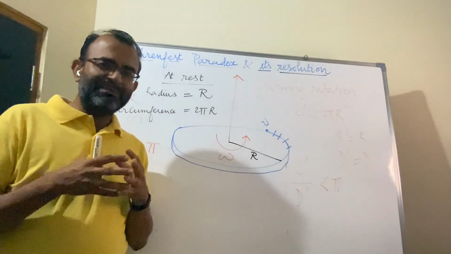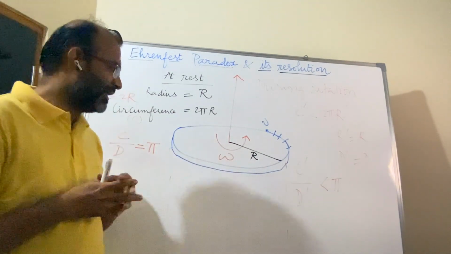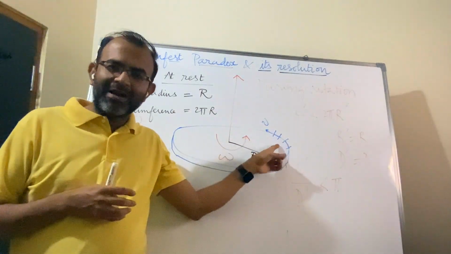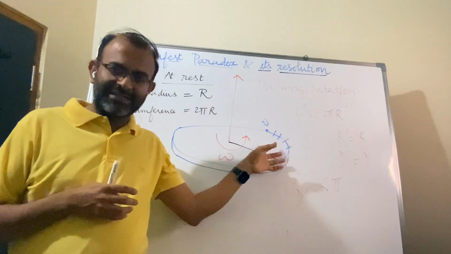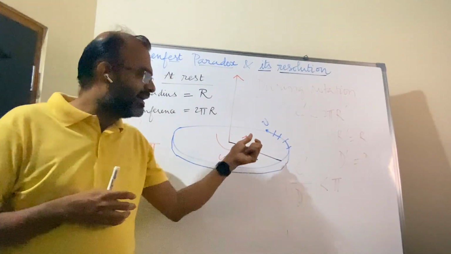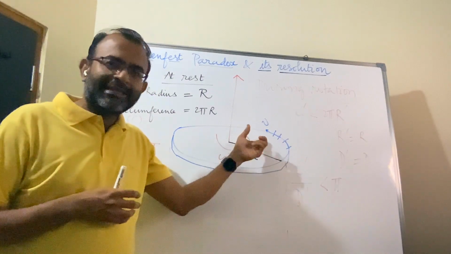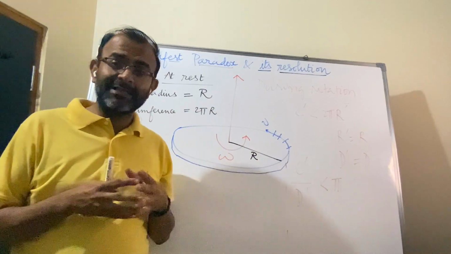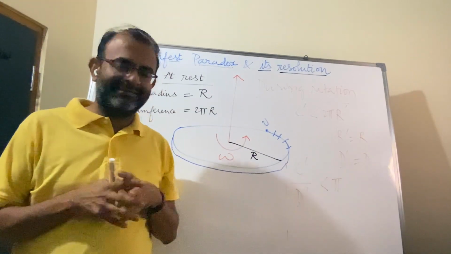So Einstein's simple resolution of this paradox was like this. An observer in the rotating frame of reference, which is the frame of reference of this rotating disk, would find that the geometry of this disk is non-Euclidean.